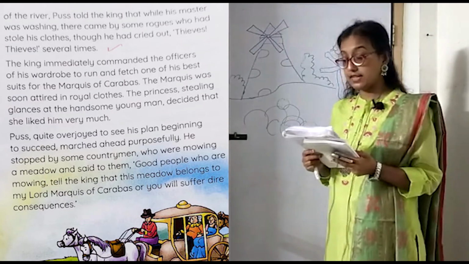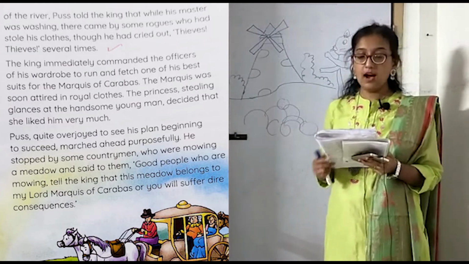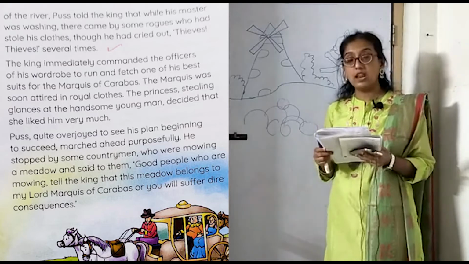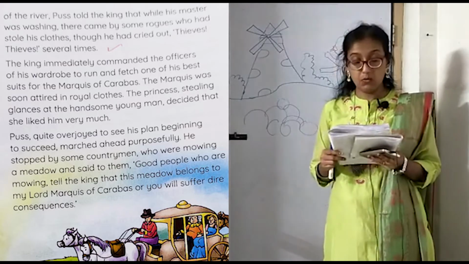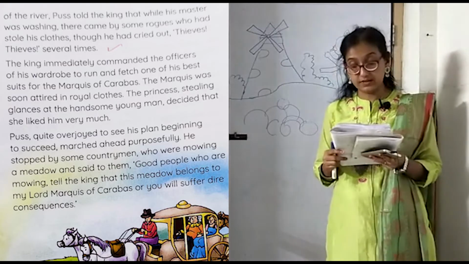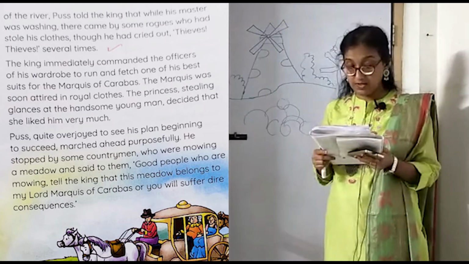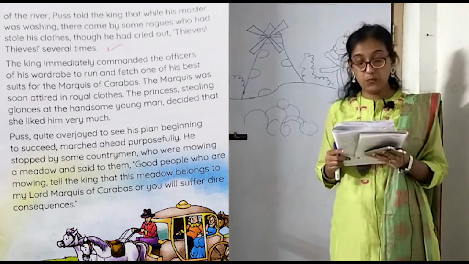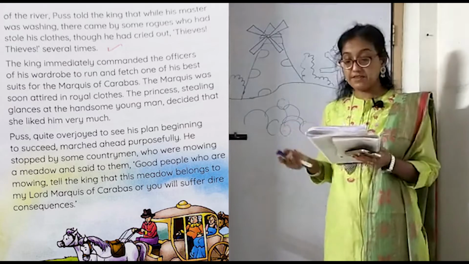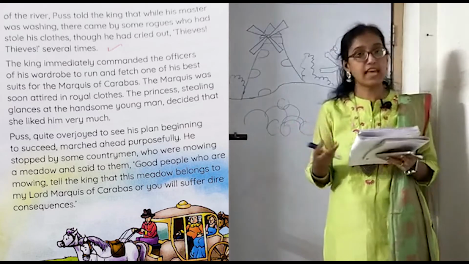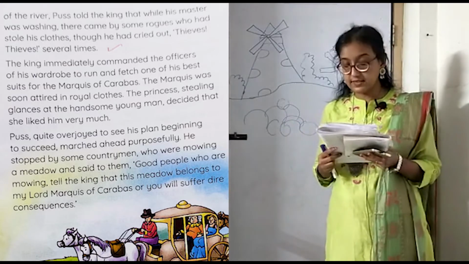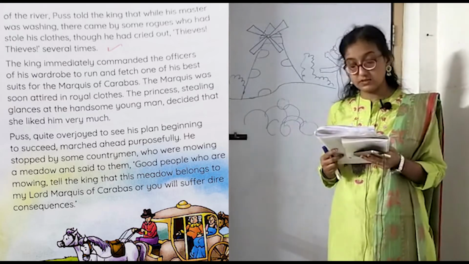One day, the king decides to take a drive along with his daughter. Now, the cat persuades his master to remove his clothes and enter the river which their carriage passes. The cat disposes of his master's clothing.